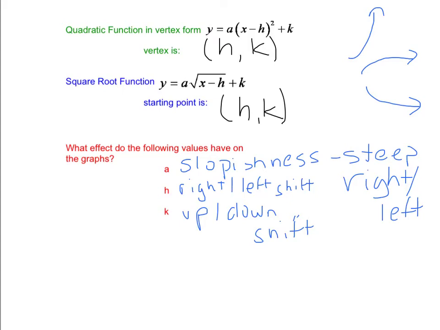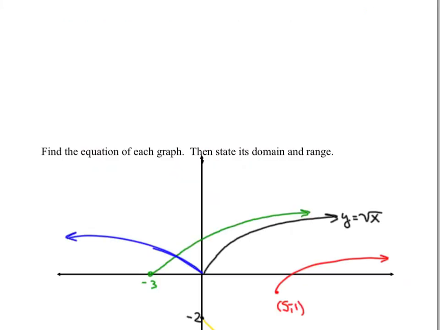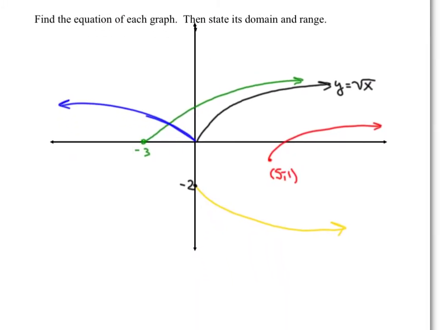All right, so let's move on. For this slide here, if we're talking about the black graph, that's our regular y equals square root of x. Let's think about what happened now to the green graph. So I'll get some green ink. For the green graph, we made a shift.